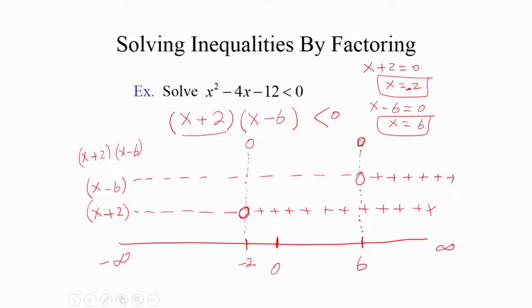So those are for certain, right? You would have 0. Then to the left of minus 2, you have negative for x plus 2 and negative for x minus 6. When you multiply negative by negative, what do you get? You get a positive.